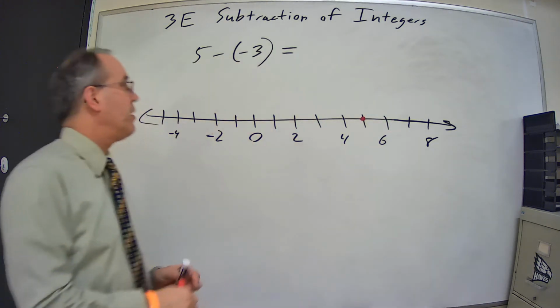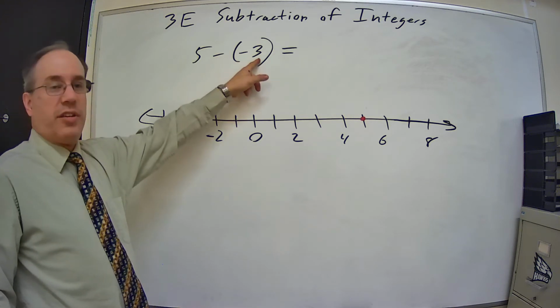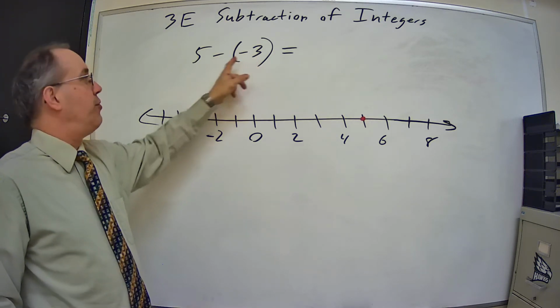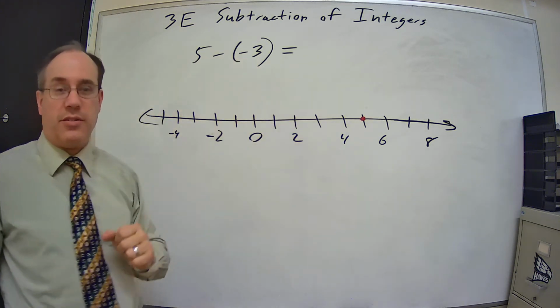Start with 5. And then with addition, what we did was we went the direction that this sign told us to do. So if we added negative 3, that meant that we went to the left, because the negative 3 takes us to the left.